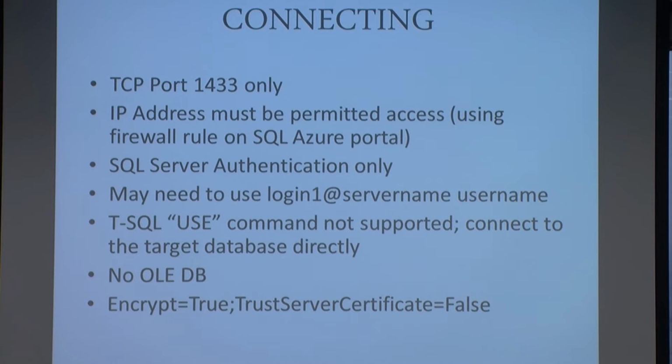And then if your machine is not in that block of addresses, it will be denied access. SQL Server authentication only, so this is a SQL login. Obviously, it's not running on your local network. It doesn't have access to your Active Directory or whatnot, so Windows authentication is not supported.